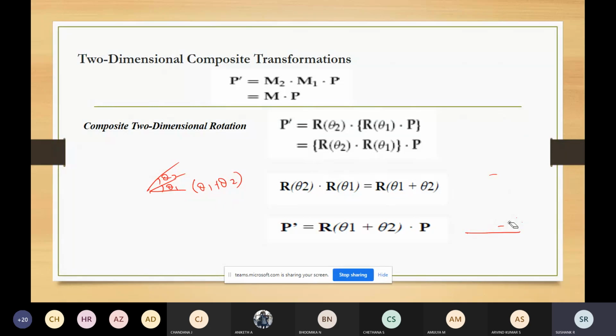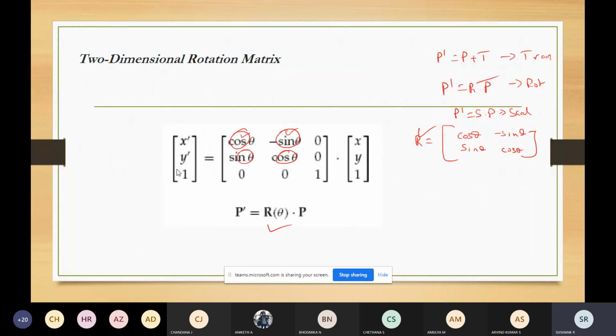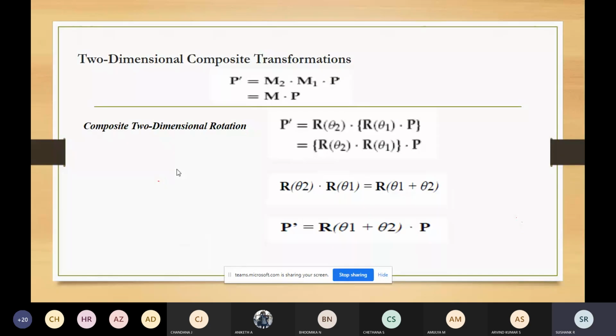If I want to show how to prove this, first you should consider what R theta 2 is. R theta 2 is cos theta, sine theta, 0; minus sine theta, cos theta, 0; 0 0 1.